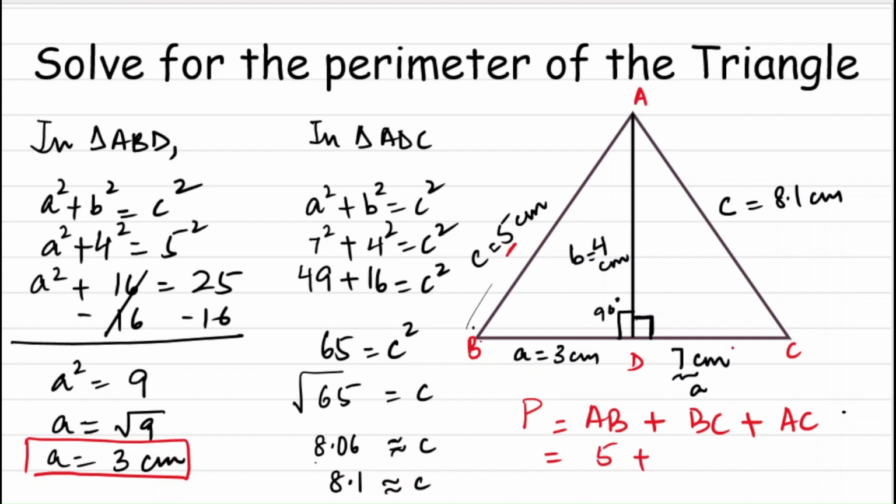BC is made up of two parts, 3 and 7. And AC comes out to be 8.1. Now if you add all these, 7 plus 3 is 10, plus 5 is 15, plus 8 is 23. So 23.1 centimeter is the perimeter of this triangle.